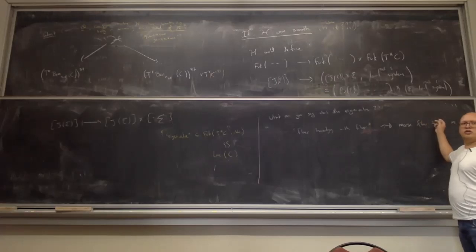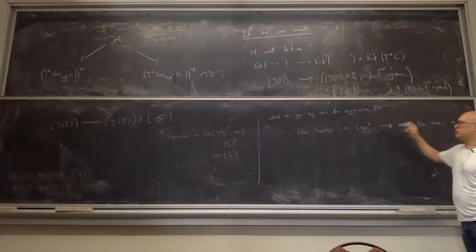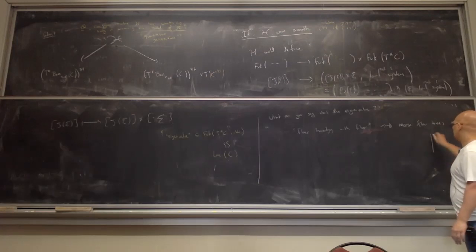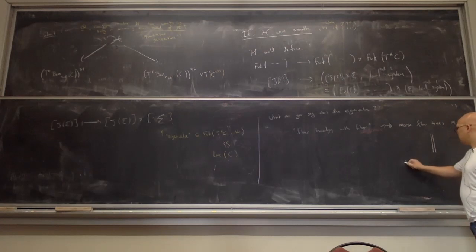This is the picture which you also see in this work of Gaiotto, Moore and Neitzke. It's a fact that this Morse flow tree business on C, you can identify it with the Stokes. What can you compute with Morse flow?